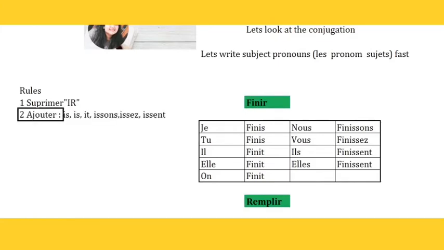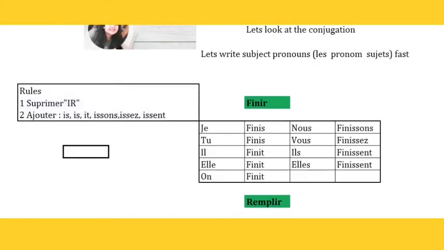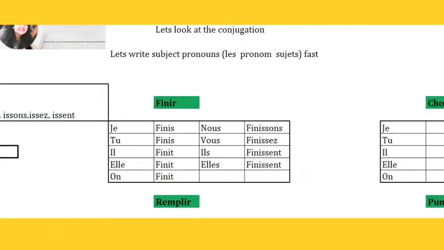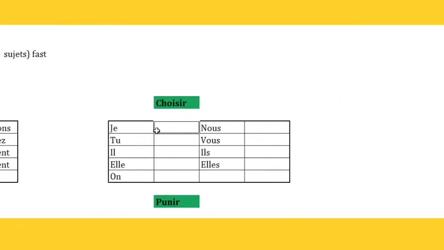Okay, so if you don't understand these rules, let me conjugate one more verb for you. Now we are conjugating choisir. First of all, rule number one, we need to delete IR from the infinitive verb.